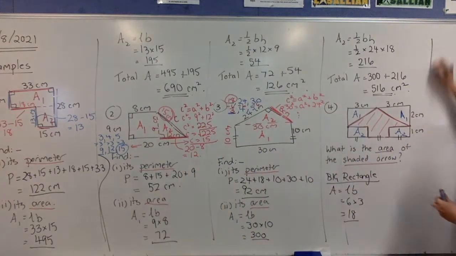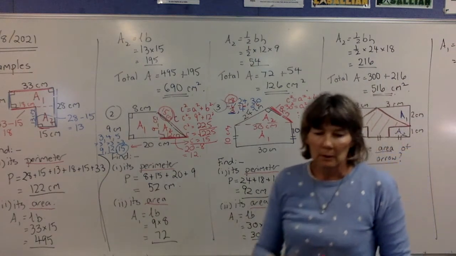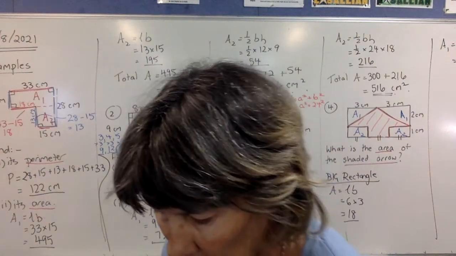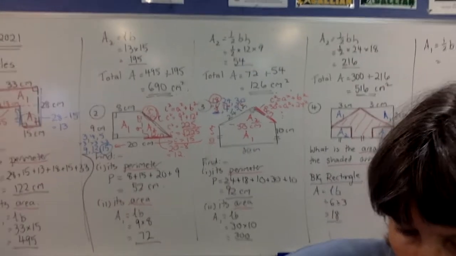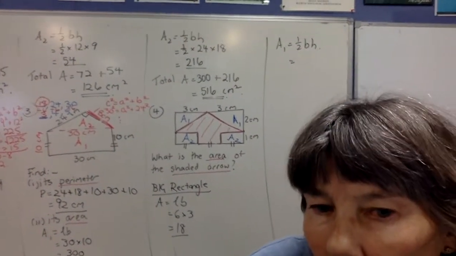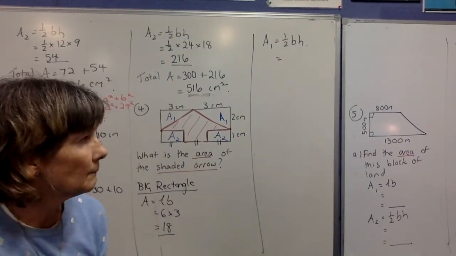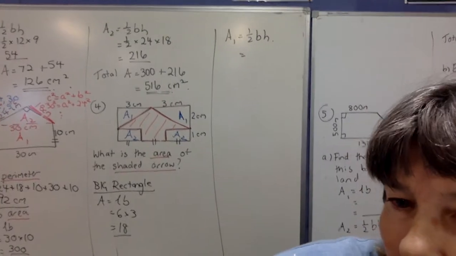So let's have a look. So we've got area 1, which is a triangle, half base by height. All right, now I'll just move this over so you can see what we're doing. Okay, there's a fair bit more to go, so I'll just move it further over for the next one.